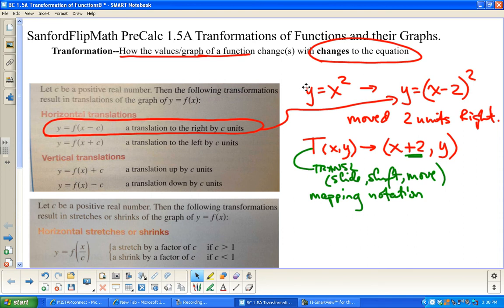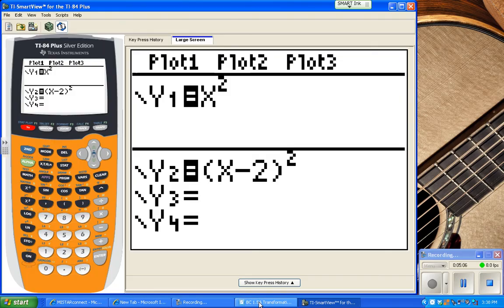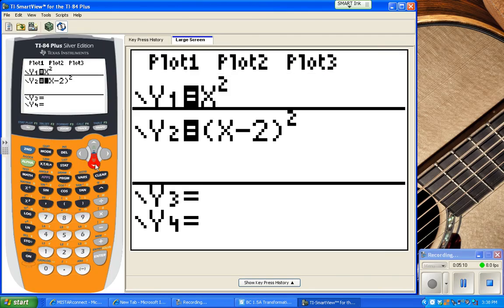Now I want to do a little contrast. I want to delete that parenthesis. I want x squared minus 2, and we'll do a little comparison.